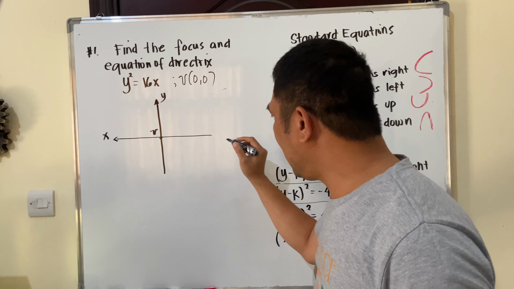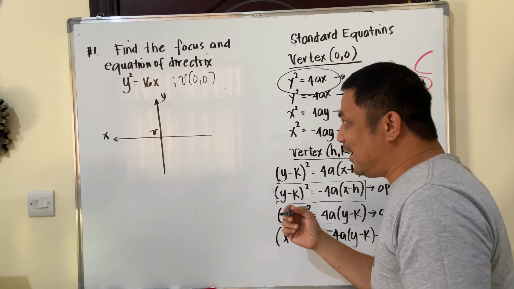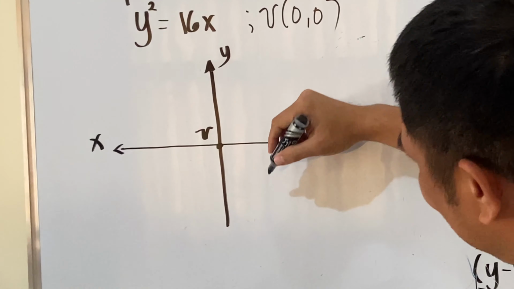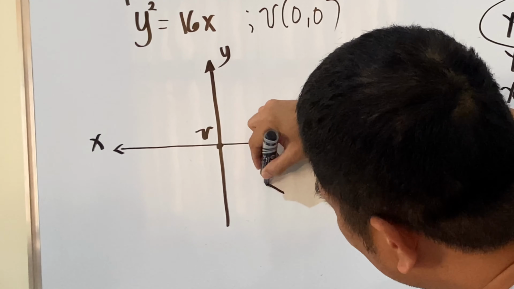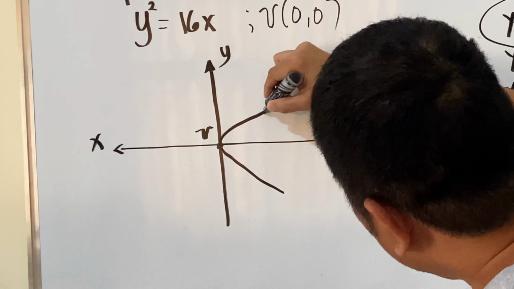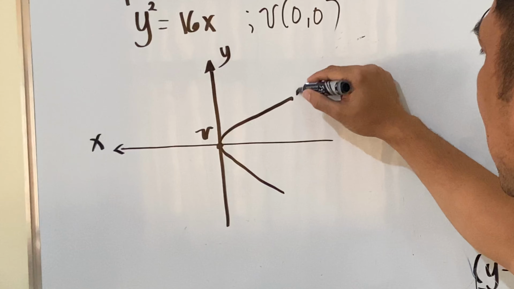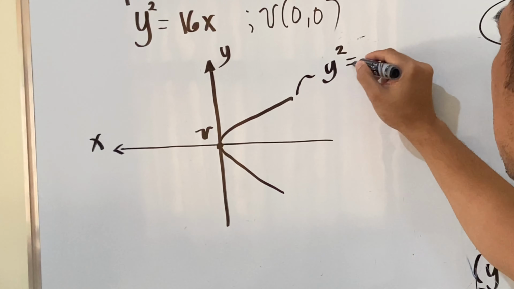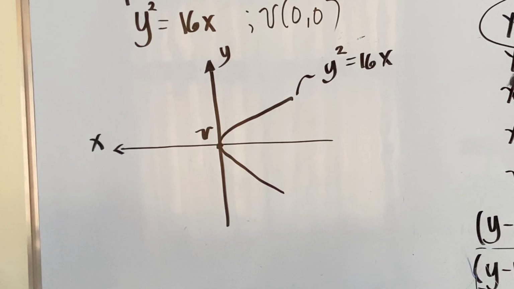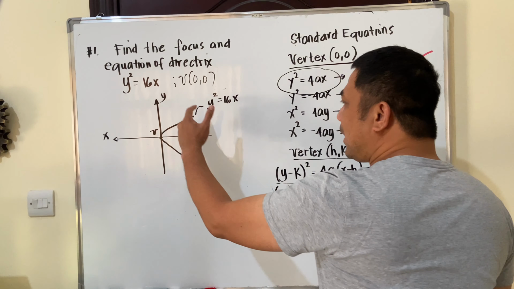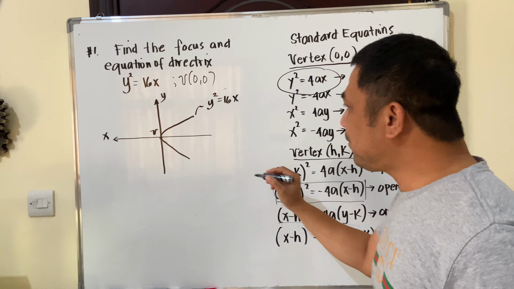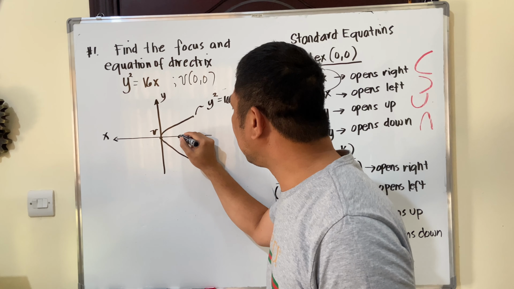Let's try to draw. I will try to draw the parabola as symmetrical as possible, but that won't be achieved, I think. Say for example this is our parabola, y squared is equal to 16x. Since it's opening to the right, our focus is located somewhere here.